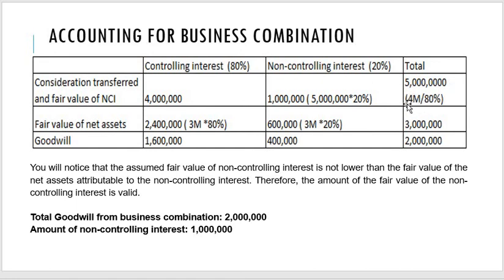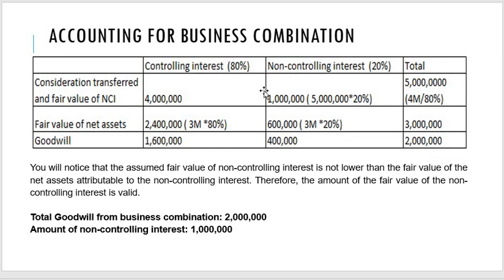We've paid 4 million for an 80% interest. So how much would we pay if we acquire 100%? When you purchase 80%, the non-controlling interest is automatically 20%. To assume the value of the 20%, you simply divide 4 million by 80% to get the 100%. So 4 million divided by 80% is 5 million. Then 5 million times 20% is 1 million.